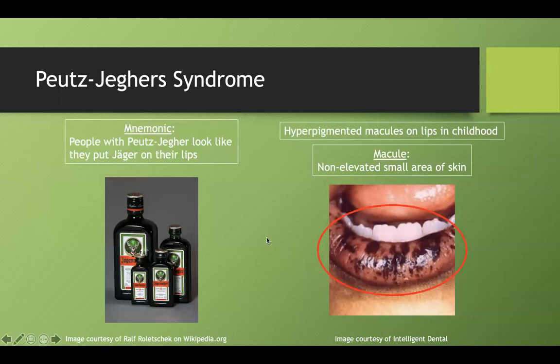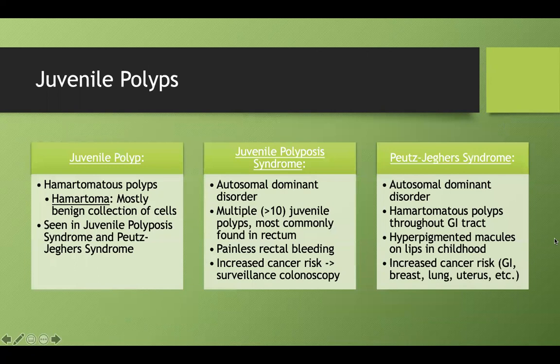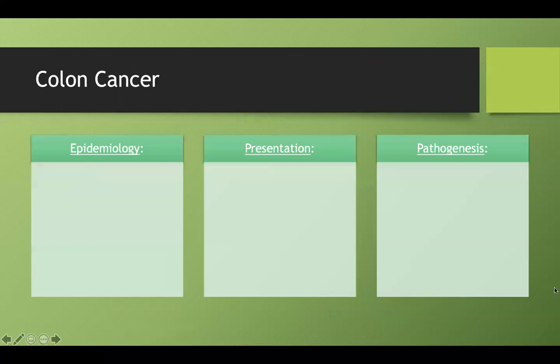So Jaeger, if you don't know, is an alcoholic drink that's really, really dark in color. So I just think, okay, these people just smeared some Jaeger on their lips and Peutz-Jeghers. And as we just talked about, all these hamartomatous polyps do have malignant potential. So there's an increased cancer risk here.